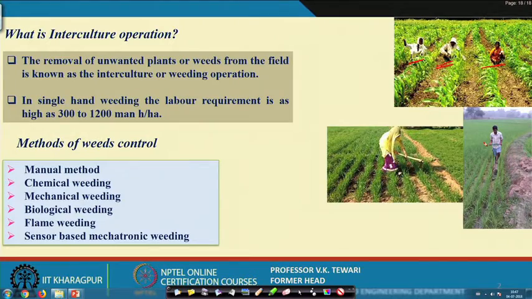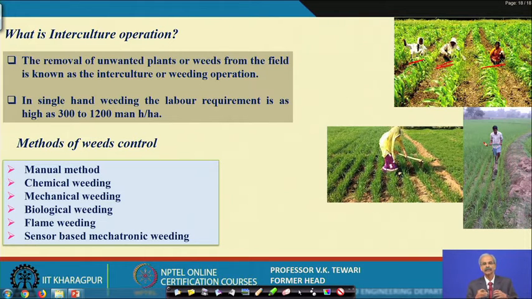So if you take a selective herbicide or weedicide, that is called chemical weeding. Spraying that will kill these weeds. They will not be totally removed, but they will emerge again after about 3 to 4 weeks, by which time your crop has grown and the weeds will be virtually removed. Then next is mechanical weeding.